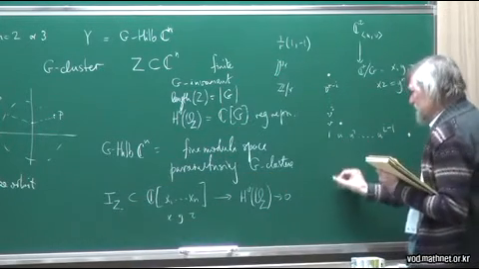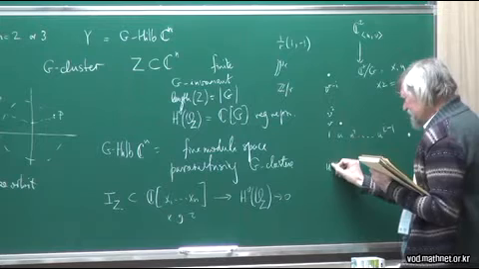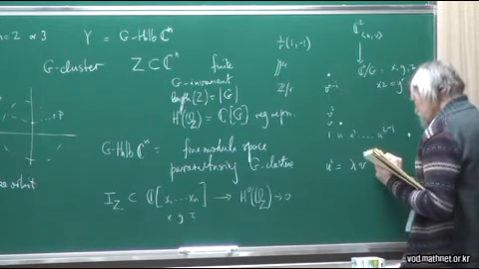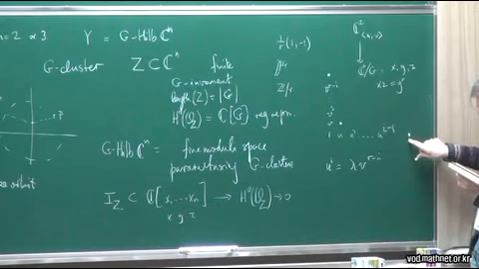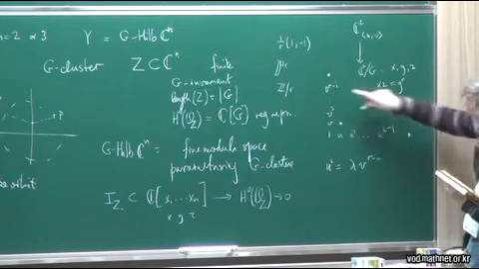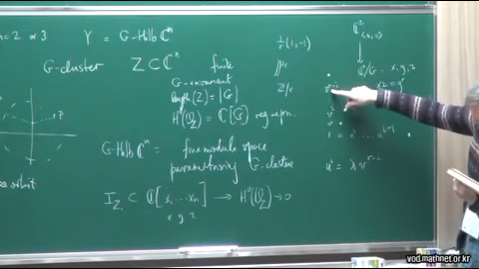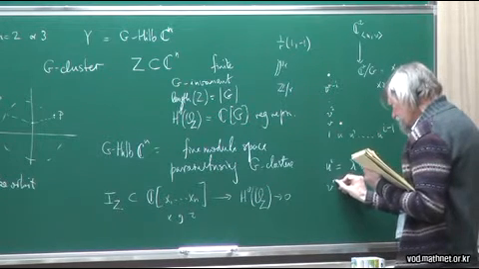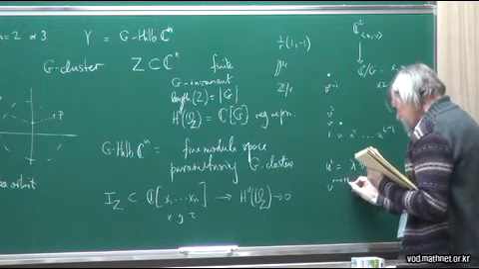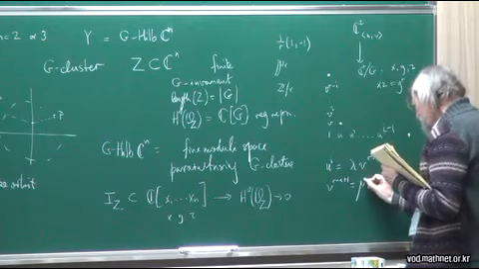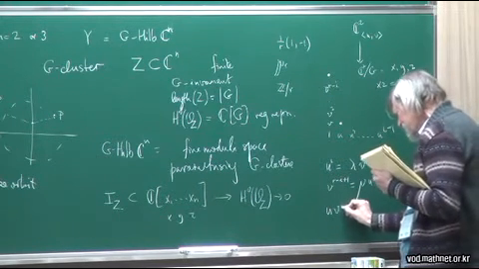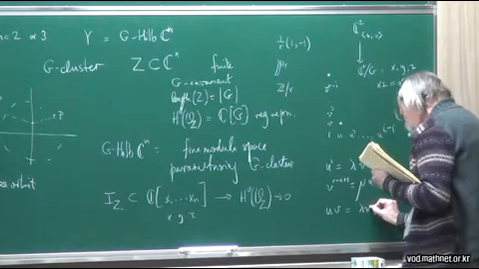So I'm going to write u to the i equals lambda times v to the r minus i. In other words, this last guy at the end here is written just as a multiple of this guy. And then v to the r minus i plus 1 is mu times u to the i minus 1, and uv equals lambda mu.